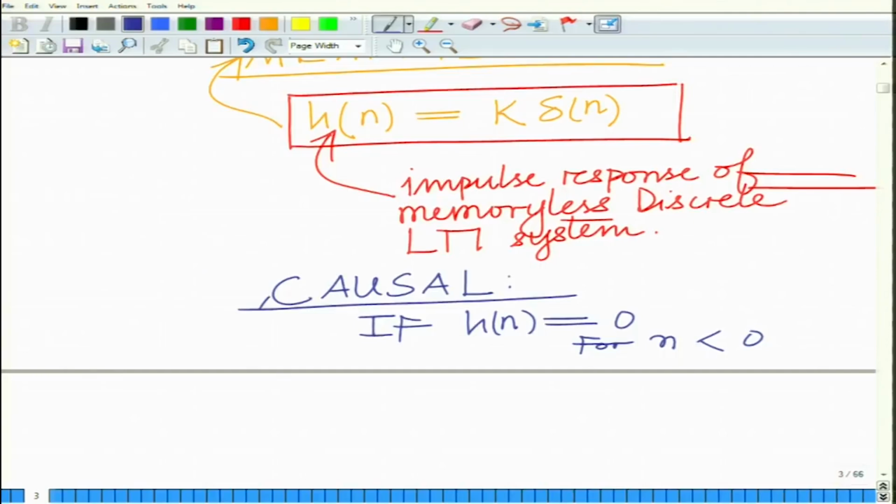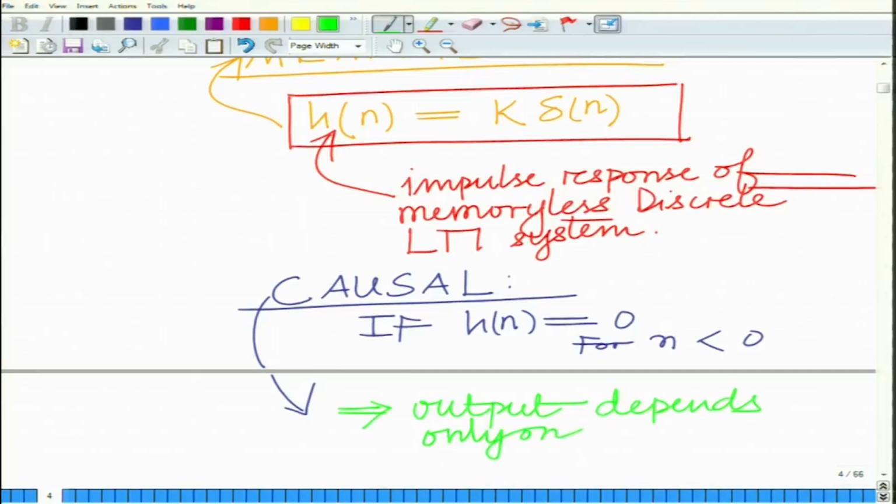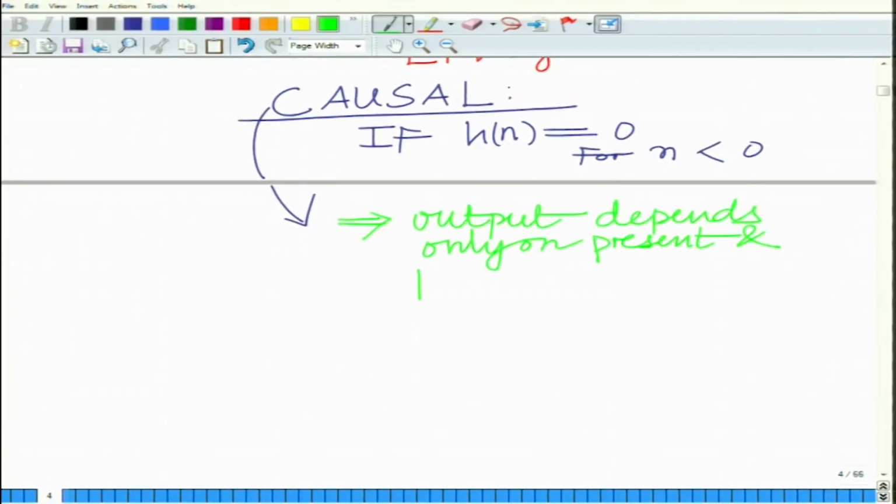So, as you remember, causal implies that the output depends only on present and past values of the input signal.